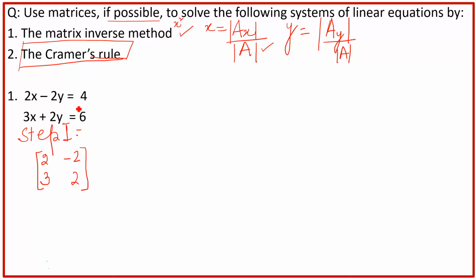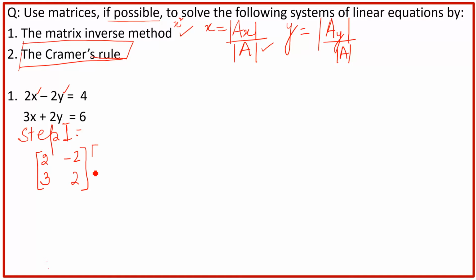These are equation 1 and equation 2. x is the variable, y is the variable, and in 2x, 2 is the coefficient of x, and 3 is the coefficient of x, so I have mentioned 2, 3. Whenever you see a negative, you should be very careful. If I ask you the coefficient of this y, you have to say -2. So -2 and 2, we made a matrix with the help of the coefficients.